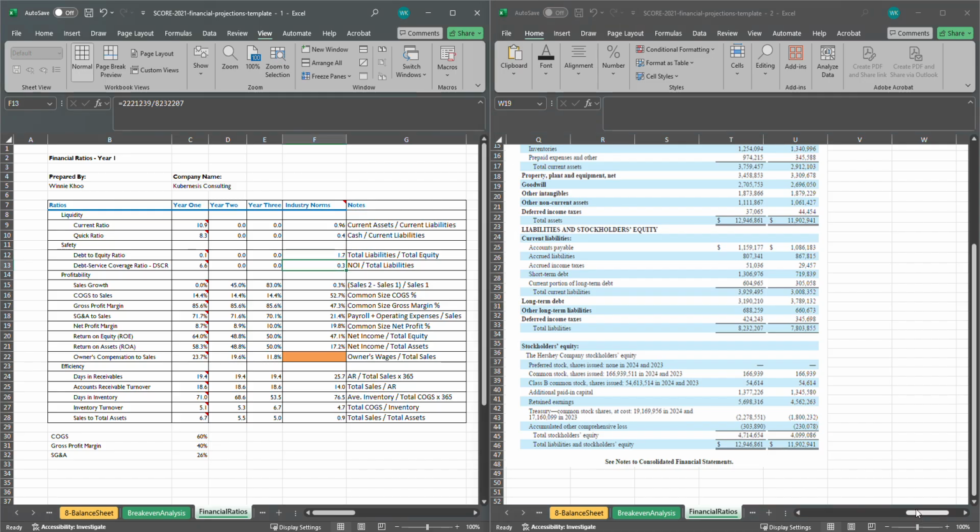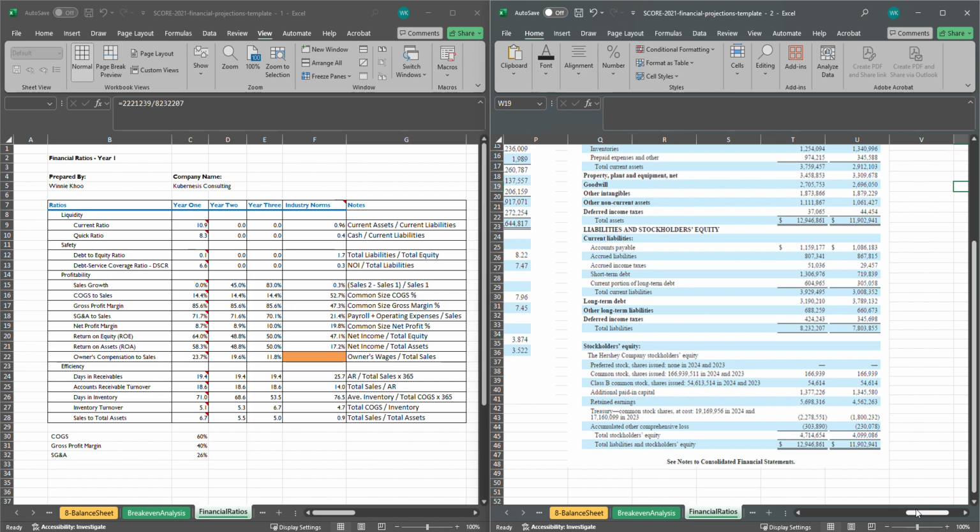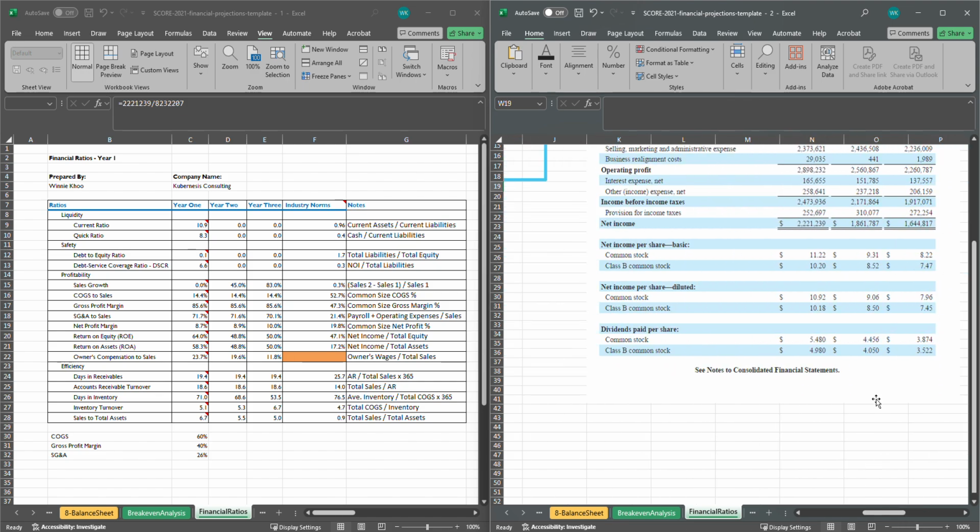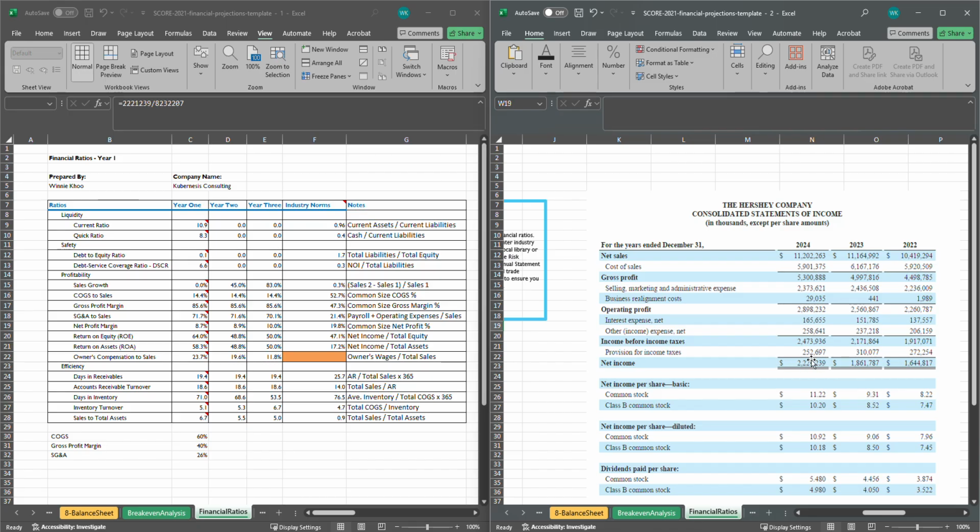Then we have NOI, the net operating income. If we come here, we do have net income. Unfortunately, there's no breakdown for depreciation, or it might be buried in the financials somewhere. So I just took the net income amount over the total liabilities.